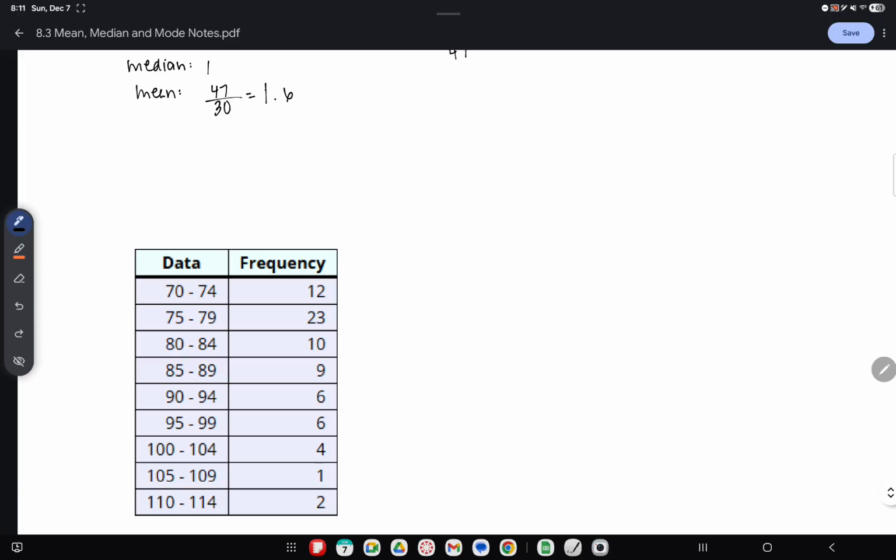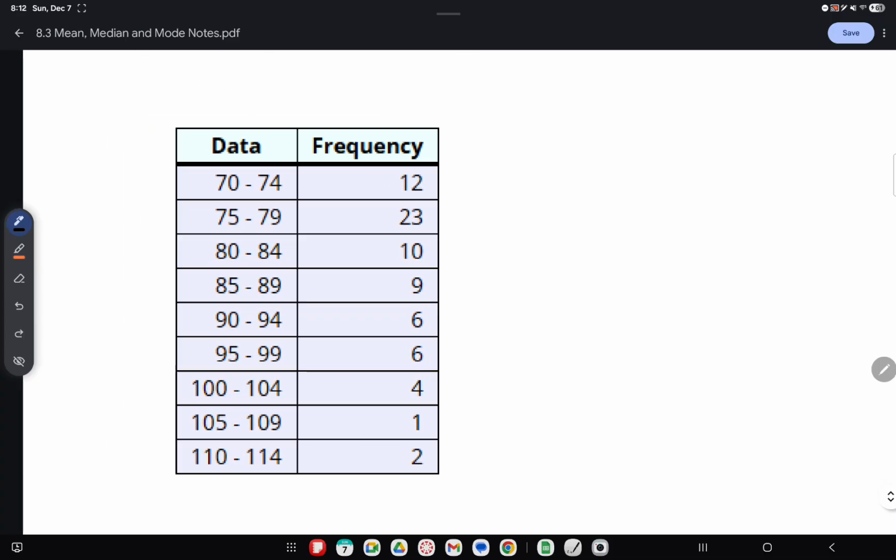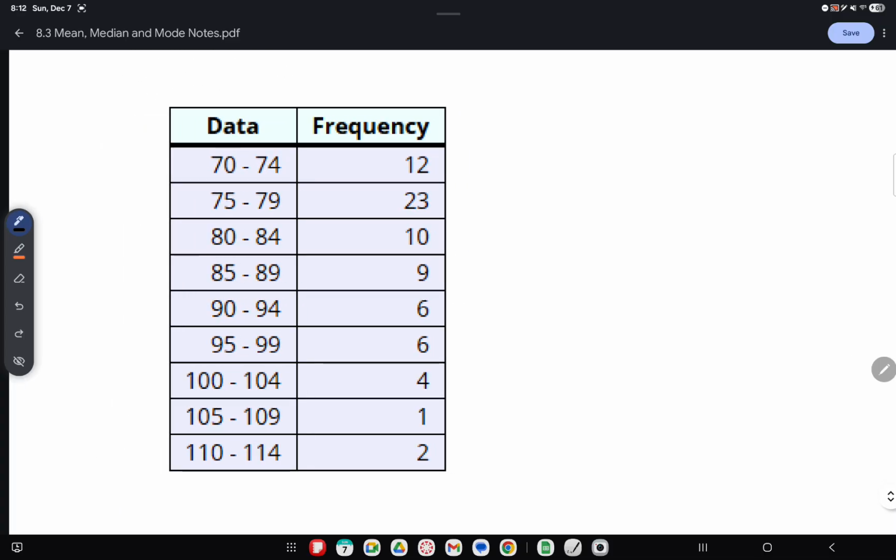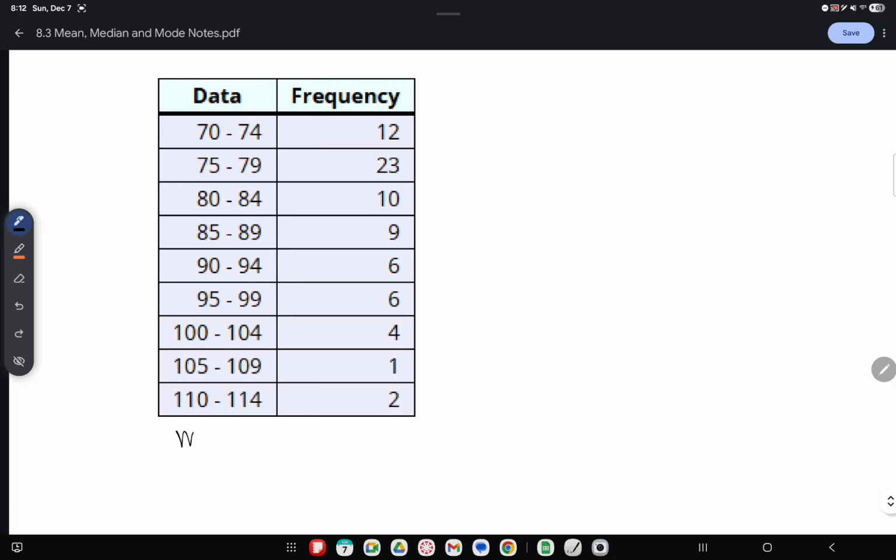All right, if we have a binned frequency, we have to do things a little bit differently here as well. So just write down here, you can do the mode, the median, and the mean. So this time, when we say that there's 12 between 70 and 74, we don't know what values are what.